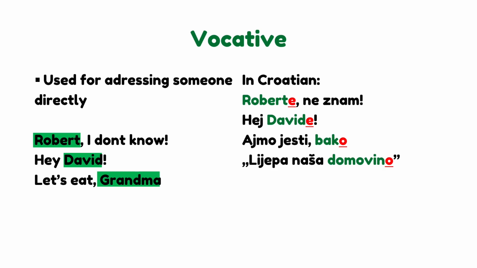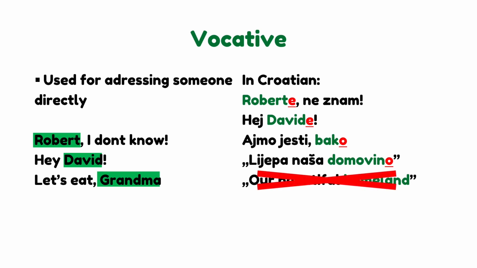In the sentence Lijepa naša domovina, meaning our beautiful homeland, you can see how there's a different meaning between the English and Croatian examples, because domovino in this example means you addressing the homeland directly, while homeland in English would just be in general, right?